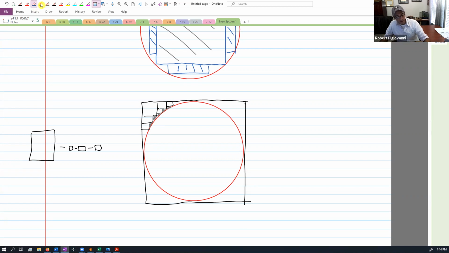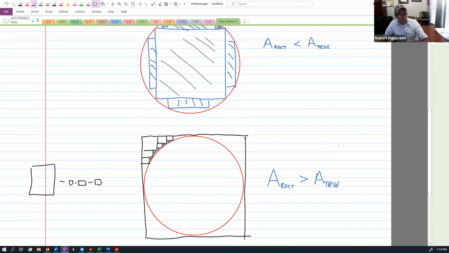Now, would you agree with this? The area of these rectangles would be bigger than the true area. Do you see that? Because you take the big square, you start taking away these smaller pieces, that would be too much, right? So what we could do is say, all right, if we do the first method, we get some area.